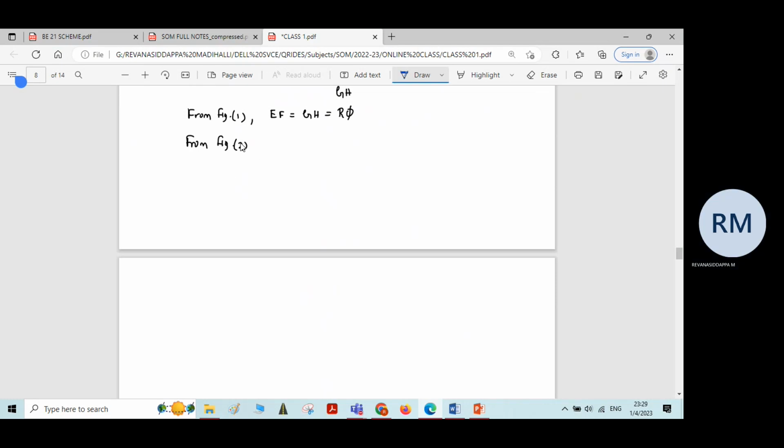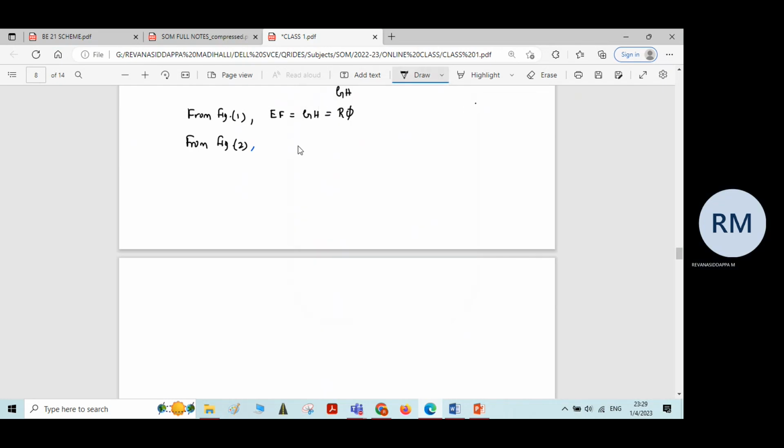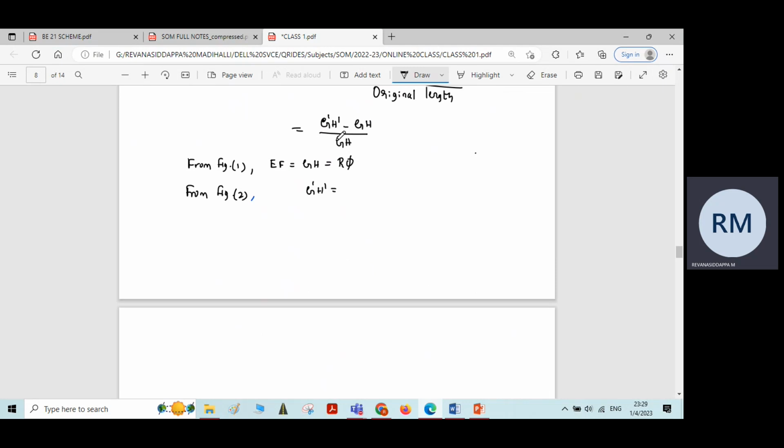Similar to the equation of the length of the curve, G dash H dash is equal to R plus Y is the radius and pi is the angle subtended.